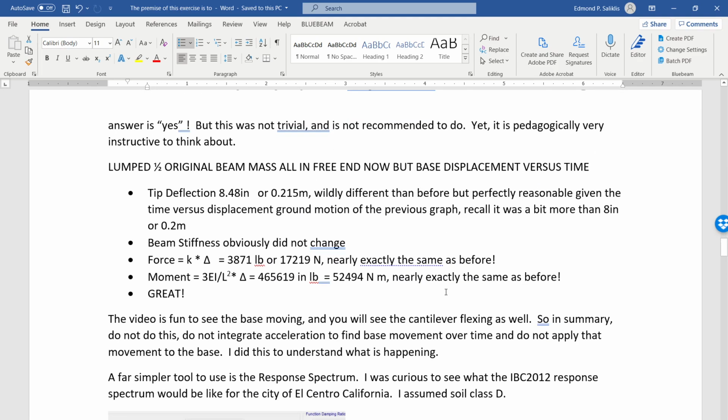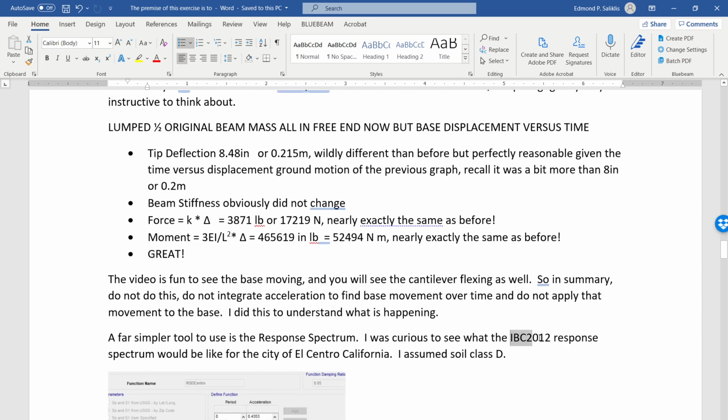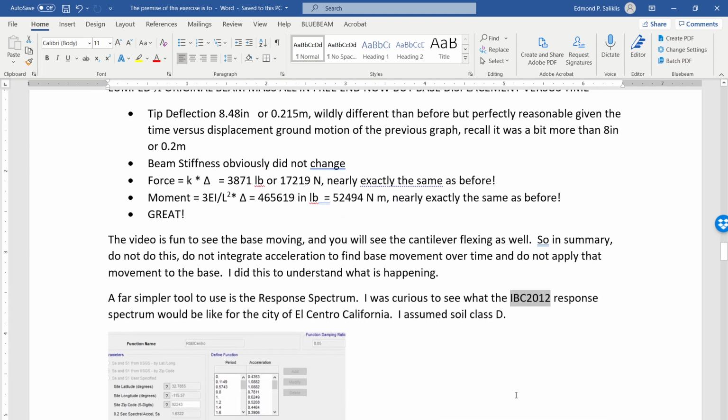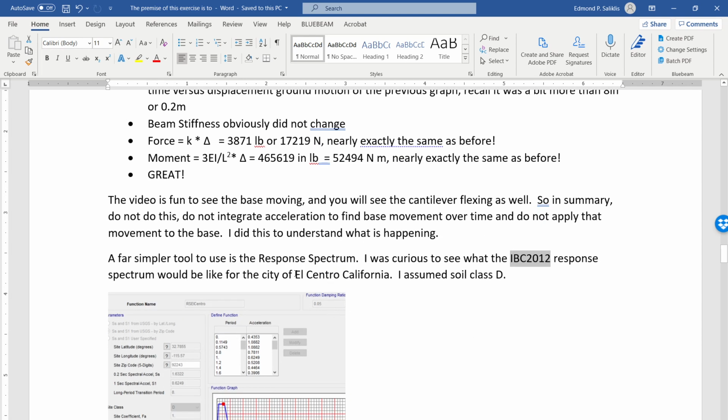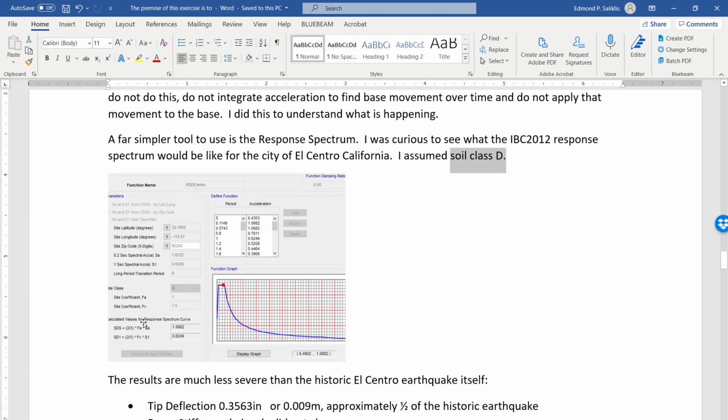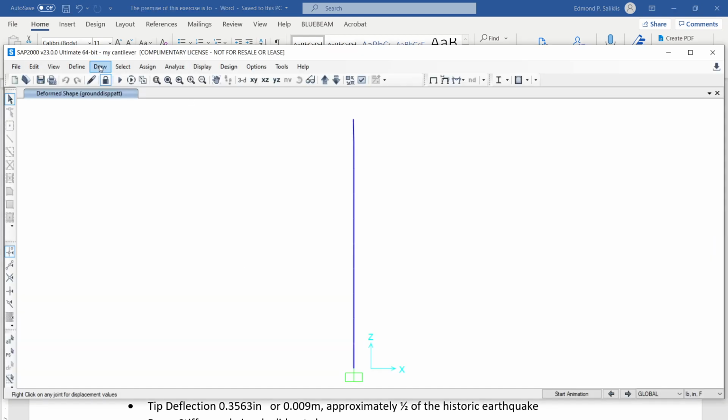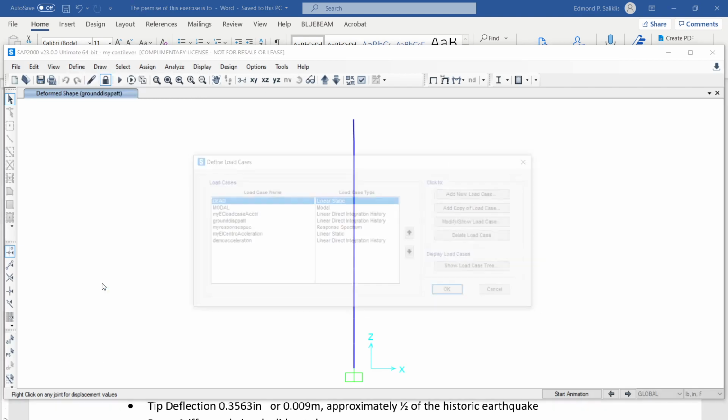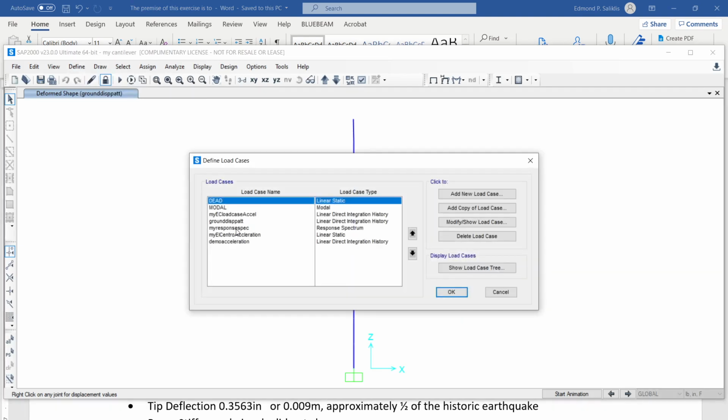So then I thought, well, what about the easiest possible thing, which is the IBC response spectrum? So what I did was I said, well, let's go to El Centro, California. I typed in the zip code, and I assumed a soil class D, and you could see the response spectra here. So let me just show you, find load cases, the response spectra.